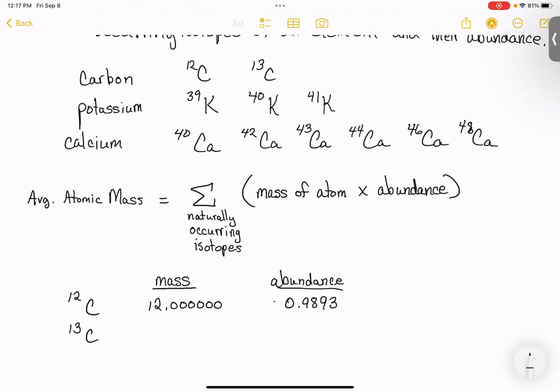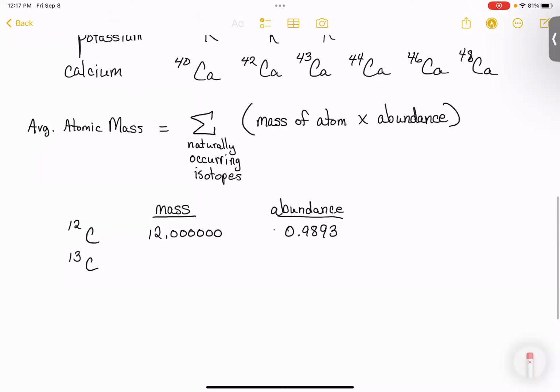You will notice I said the percent, but when I'm doing the math, I need just the abundance. So I took it out of percentages. Take percent abundance out of percentages if it's given as a percent abundance.